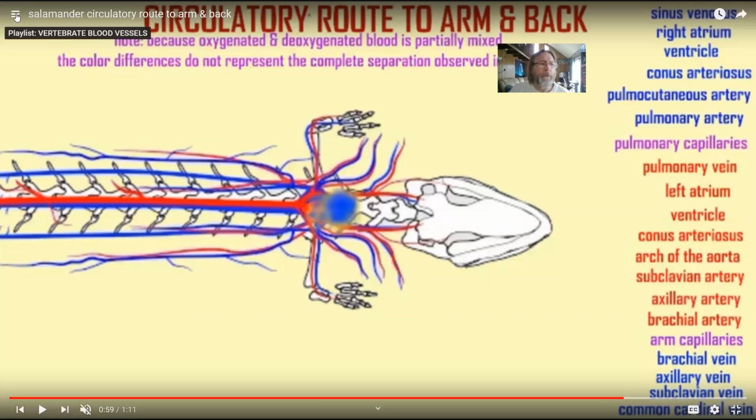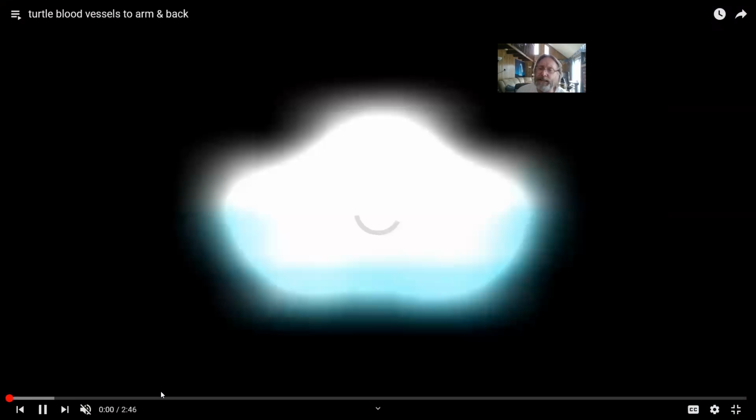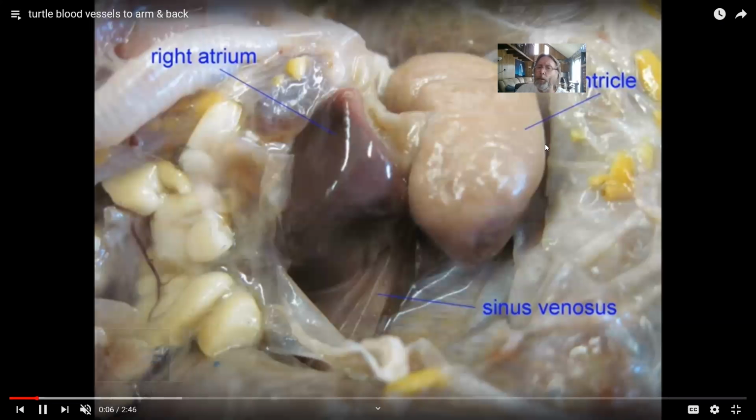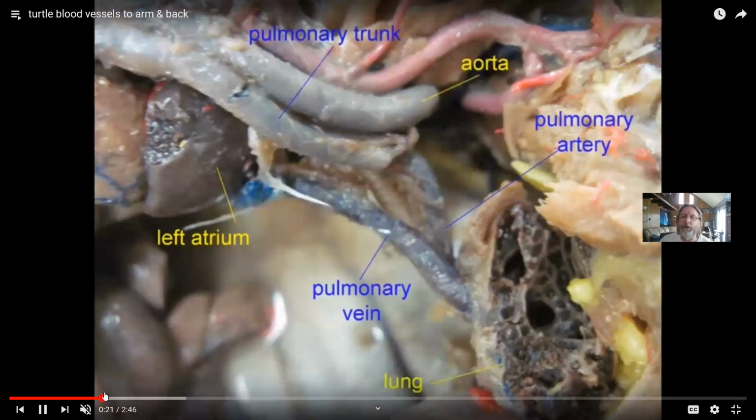Okay. If we were to then consider the turtle, there are still separate left and right atria, and only a partial interventricular septum. So once again, there is just one ventricle in reptiles, which is only partially separating the oxygenated and deoxygenated blood.